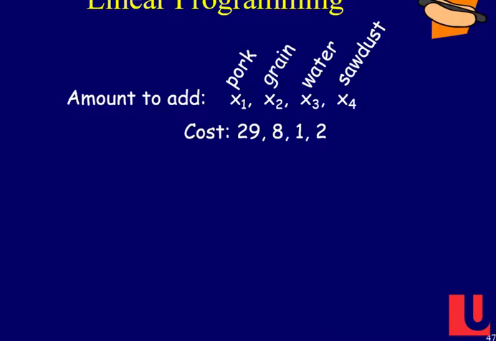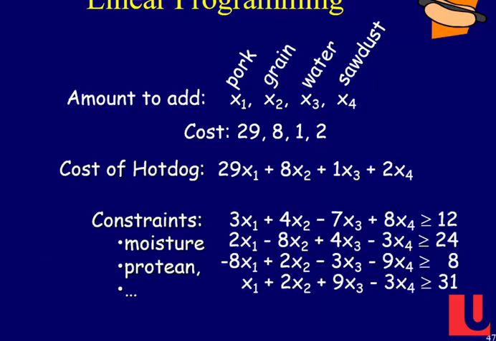So as I said, what is linear programming? It's exactly what I said. We're trying to optimize something. Here I'm trying to minimize the cost of the hot dog, subject to these constraints. I can only have so much moisture. I can only have so much protein. I have various rules. And so that's an optimization problem.